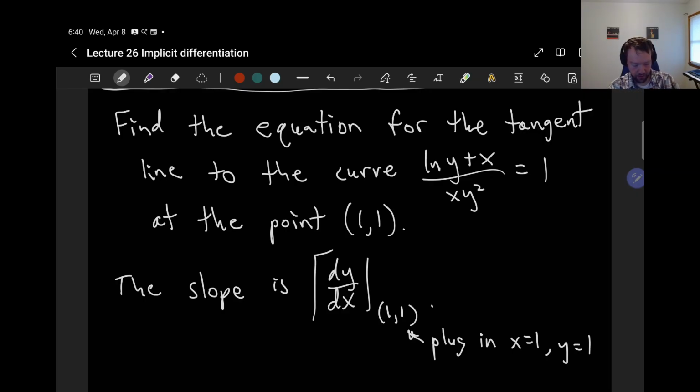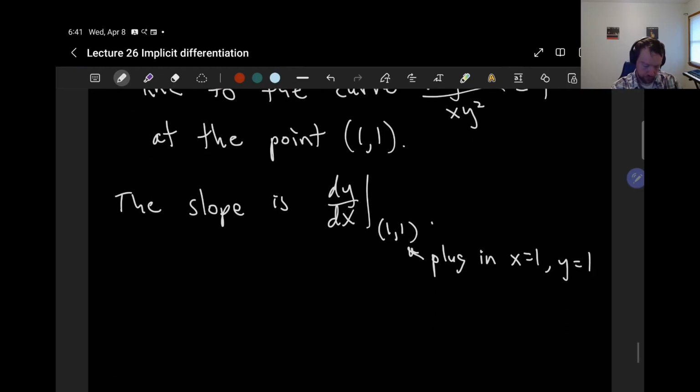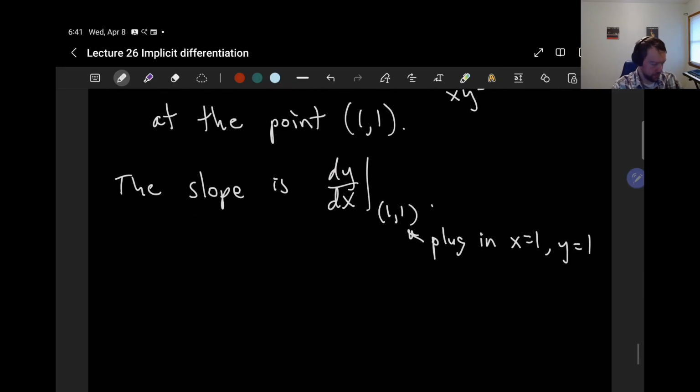So we find the general expression for the derivative first, but then you plug in that point 1, 1. That's how you find the slope at that point. So I did want to work out the full quotient rule, but you could technically make it a non-quotient rule problem.